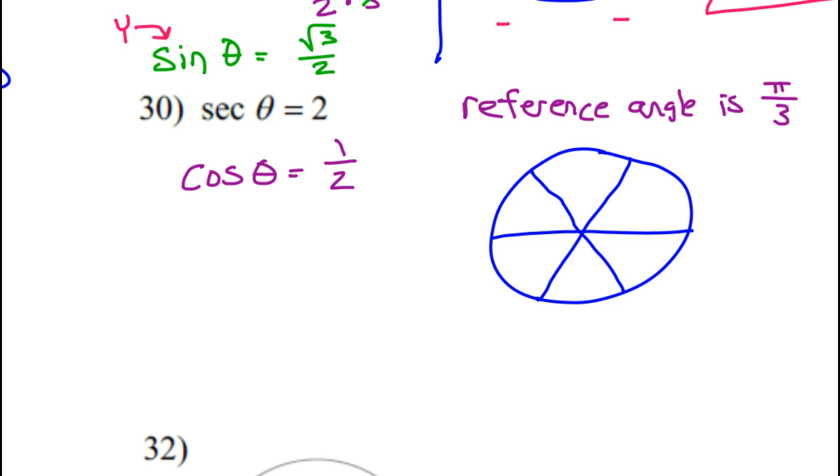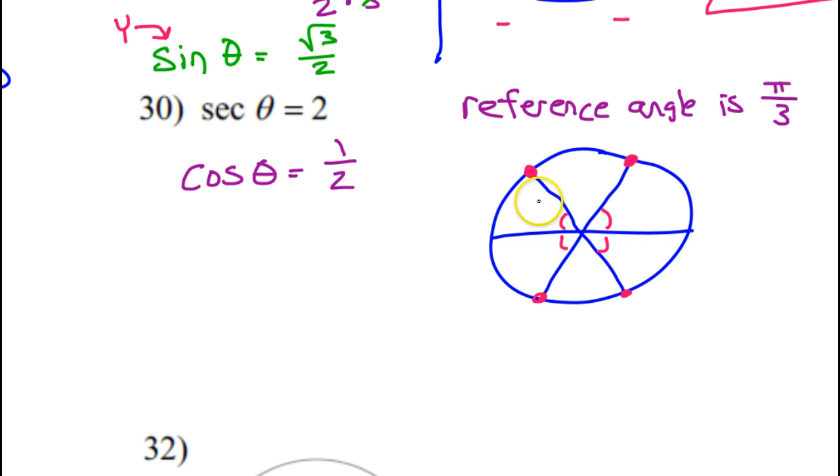So these are the 4 angles that have a reference angle of pi over 3. Here, here, here, and here. Because these are the reference angles against the x-axis. So because all 4 of these have a reference angle of pi over 3, the cosine of any of these is going to give me some kind of 1/2. Except 2 of them will be positive and 2 of them will be negative.